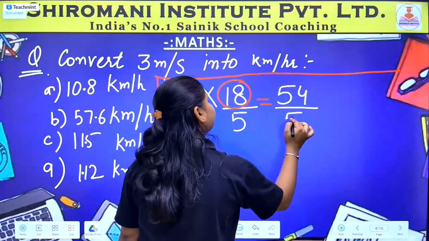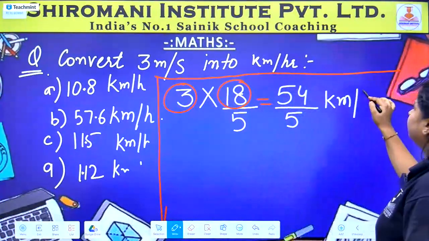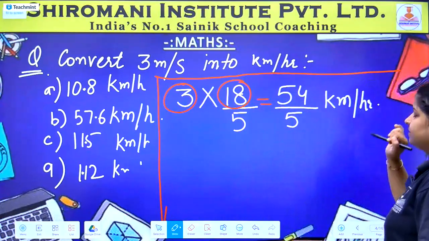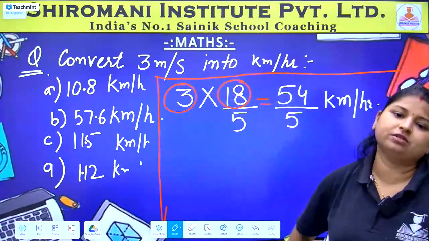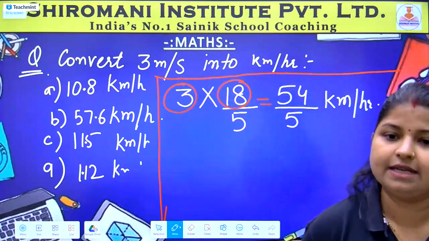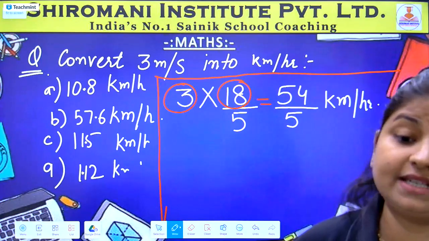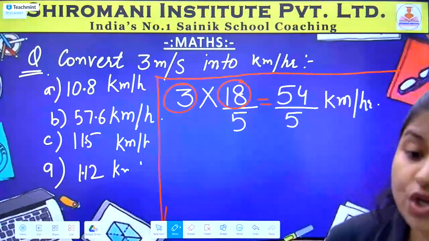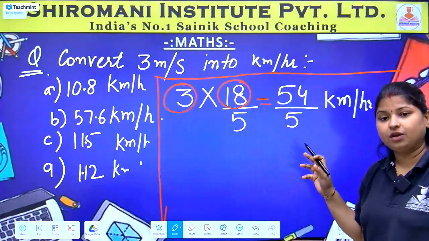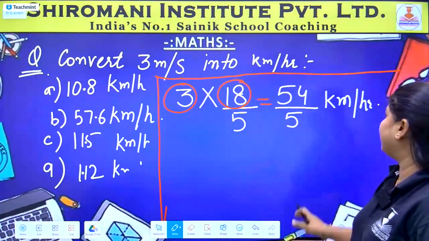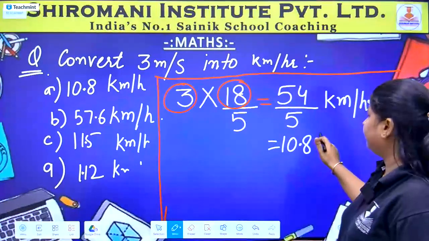Upon 5. 54 upon 5 kilometer per hour is my answer. But it is not in the options. The answers are in decimals, not in fractions. So you will divide 54 by 5. You will get 10.8 kilometer per hour.